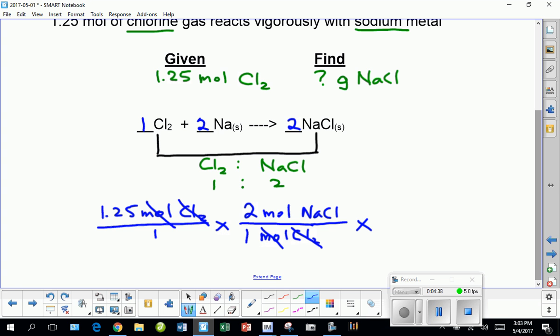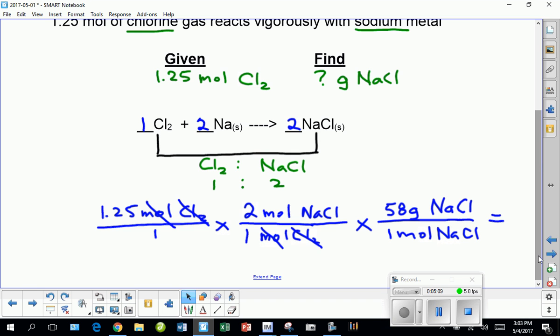Would someone give me a better number than 58? It's about 58. 58.5? Thank you. So we want to put 1 mole of sodium chloride on the bottom. On the top, the 58.5, which is off the periodic table. That's grams of sodium chloride. That equals 1 mole of sodium chloride. That's it.